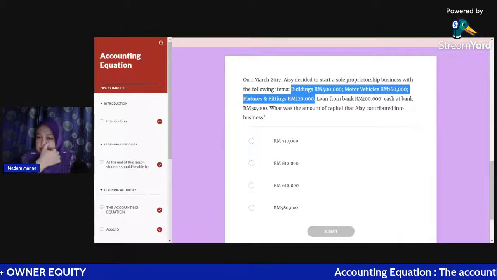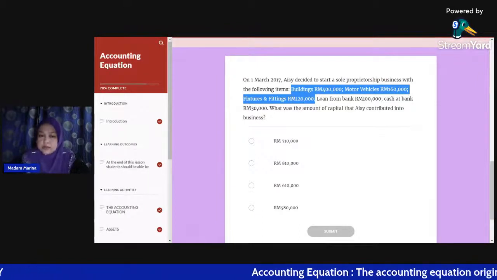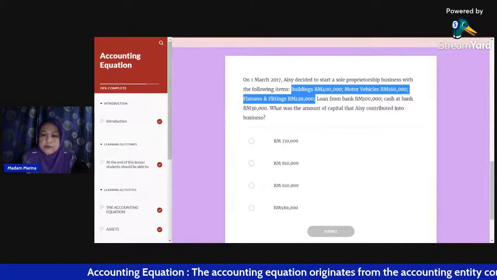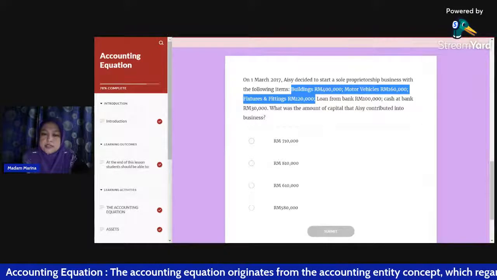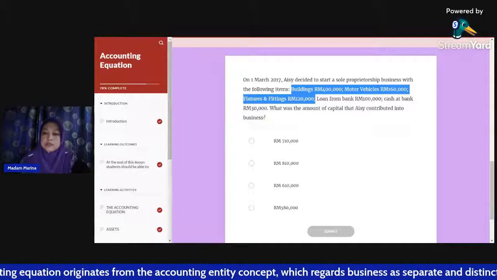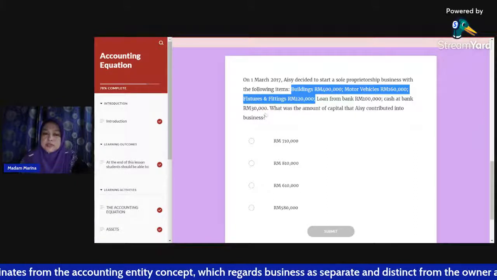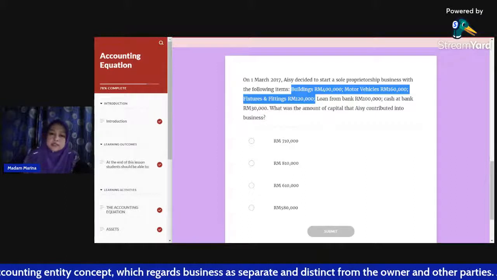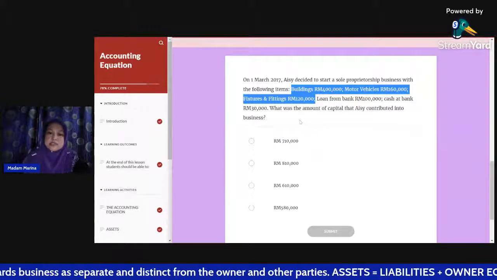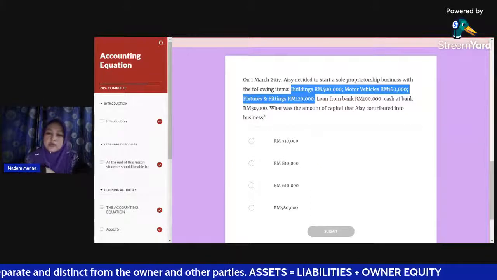Total is 680,000. How about the liability? Loan 100,000, and cash in bank 30,000. What amount of capital should Aish contribute into the business? They want you to calculate the owner equity.